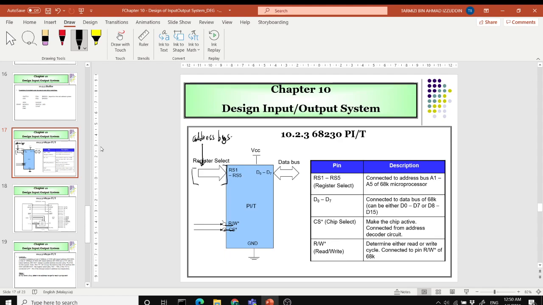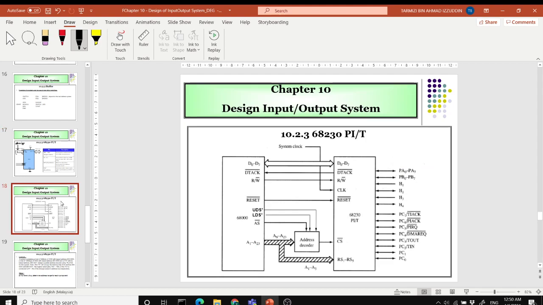So the way we connect your 68K to your 68230 is very simple. It is similar to how we connect this to your memory. Again, if you are using partial addressing mode, you're going to have your address decoder over here.